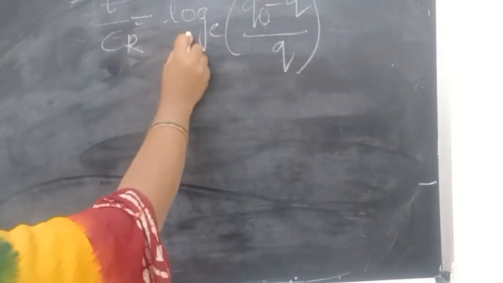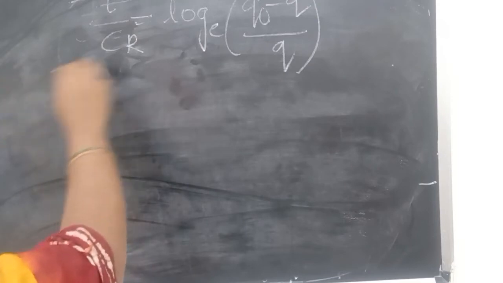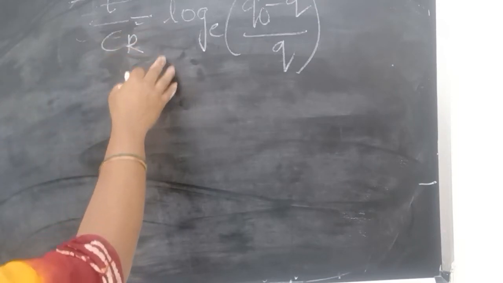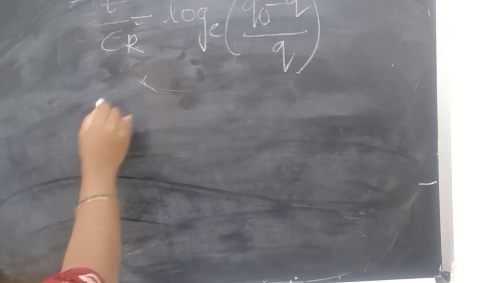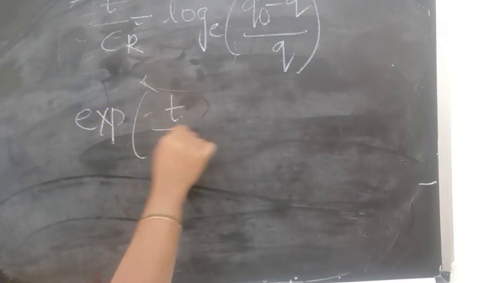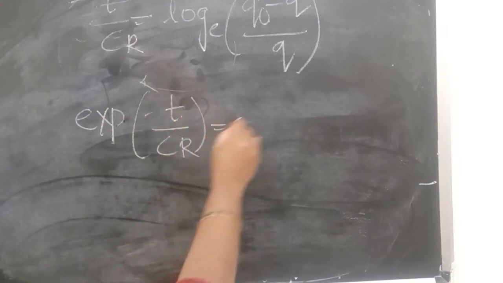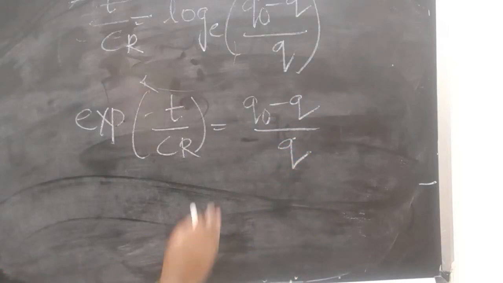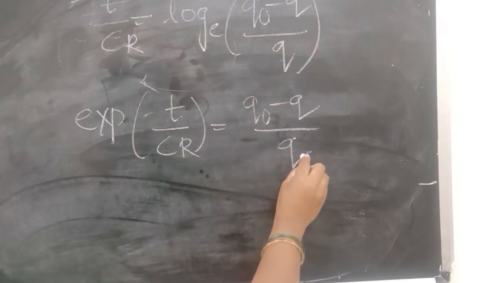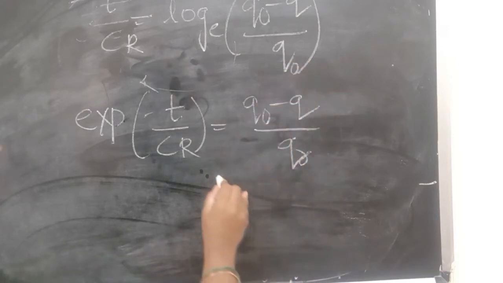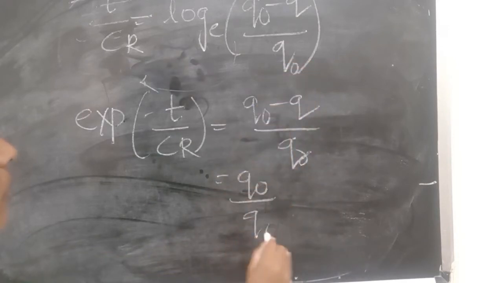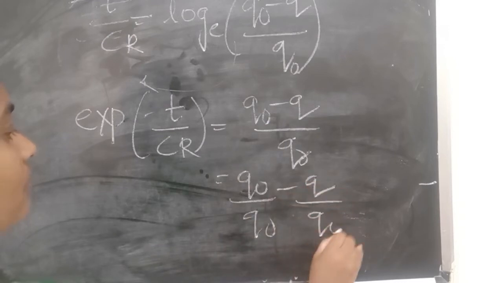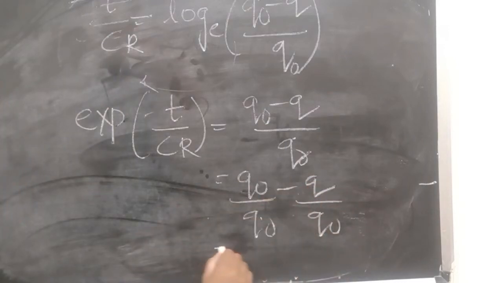Now if I want to change this to exponential, if I want to send log to this side, the other term goes as exponential. So exponential of minus T by CR is equal to (Q naught minus Q) by Q naught. So Q naught by Q naught minus Q by Q naught, you get 1 minus Q by Q naught.